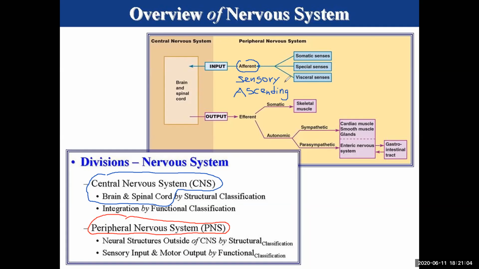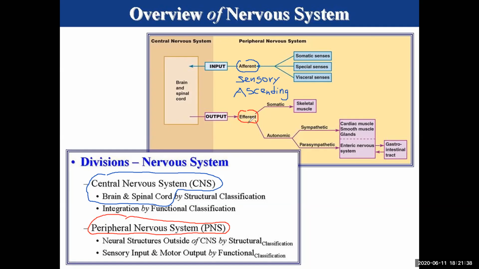In the opposite direction of information going, we have efferent, EFFERENT. So the trick here is A for arriving, E for exiting. So this efferent pathway basically transmits information away from the central nervous system.